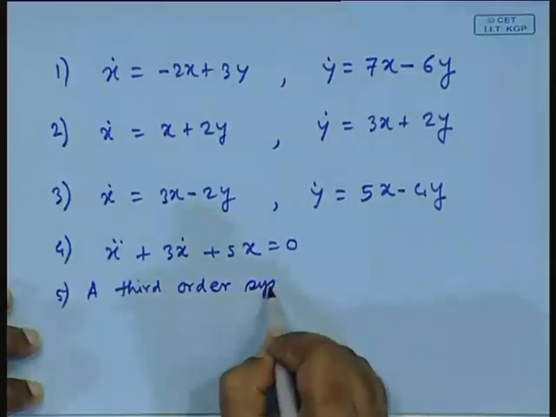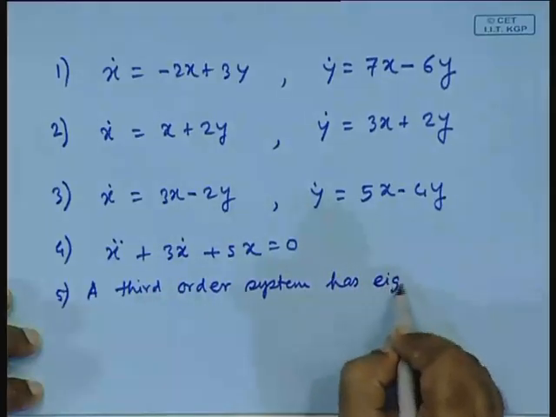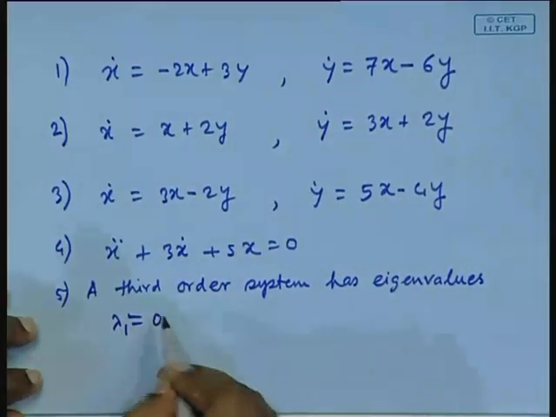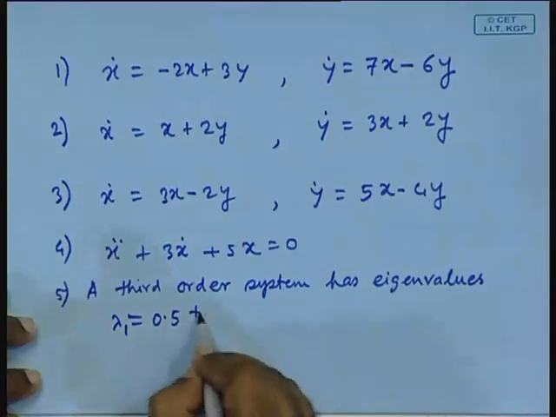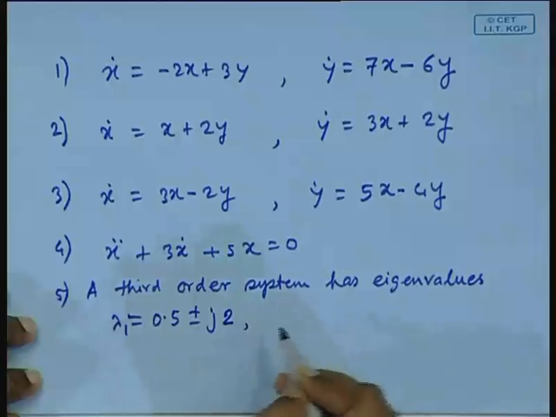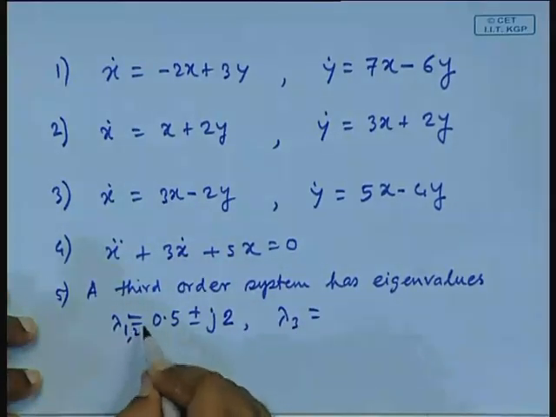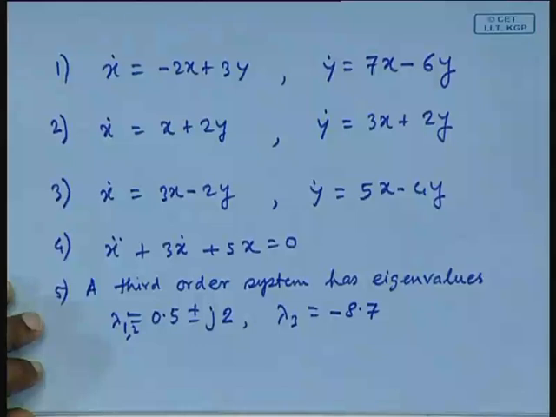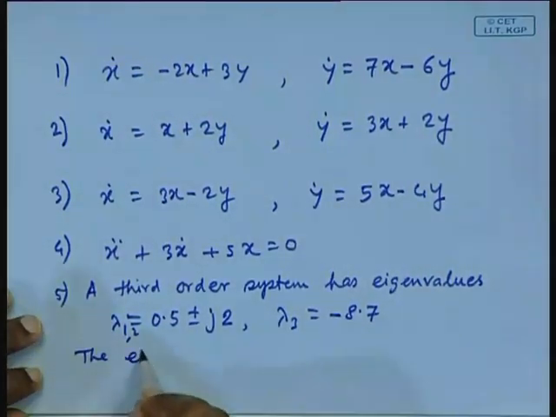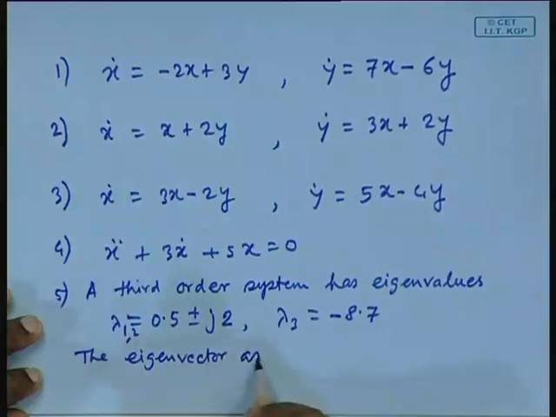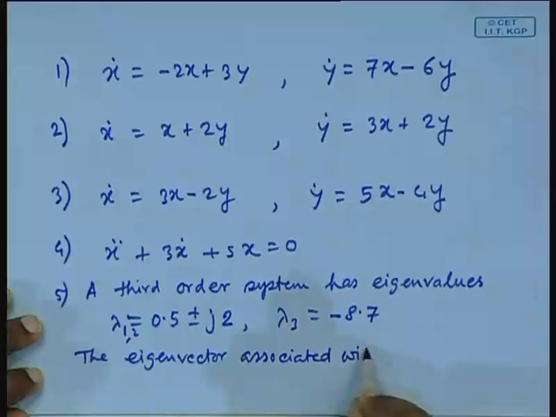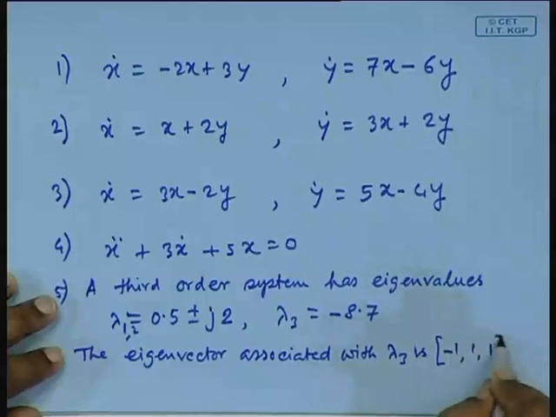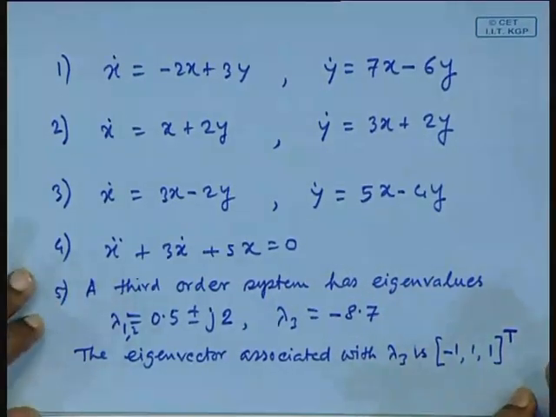A third order system has eigenvalues lambda 1, lambda 2, lambda 3 as given.